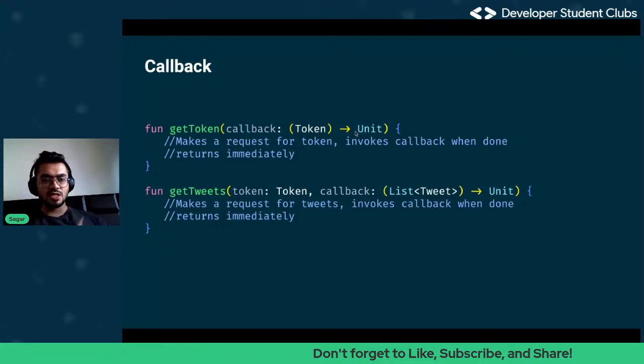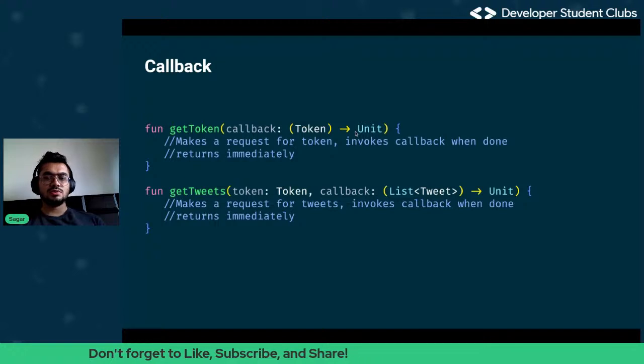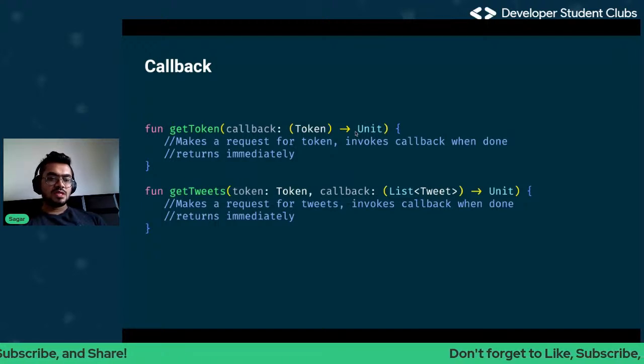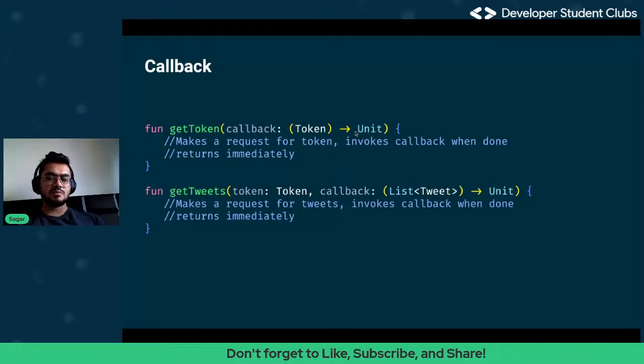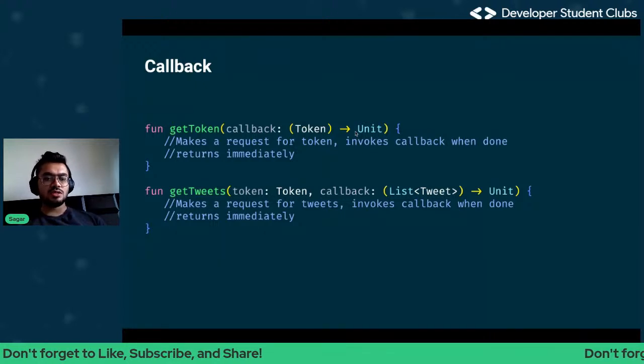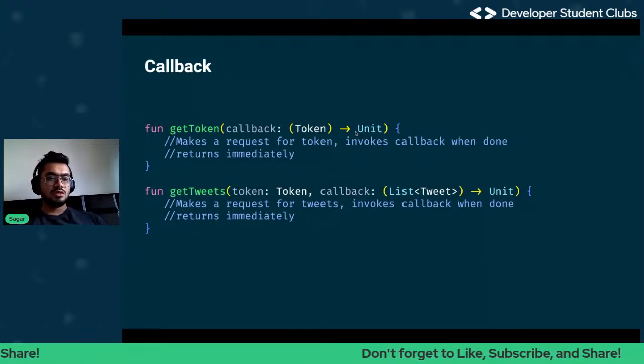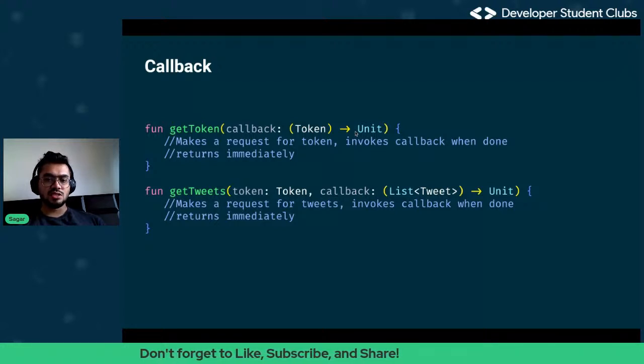And to give you an example of asynchronous programming, how coroutines make it very simple. Let's say you want to display a list of tweets. If you follow the traditional callback approach, let's say before getting the tweets, you need a token. You would declare a get token function and pass a callback within.